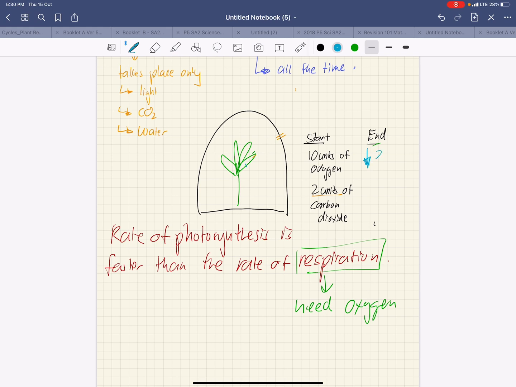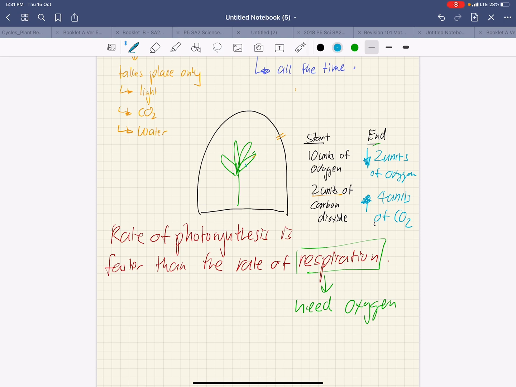Maybe you're left with only 2 units of oxygen after 2 hours, and your carbon dioxide should increase to about 4 units, because now in respiration you produce carbon dioxide as a waste product and you're breathing it out. So this is something that we really need to be clear about.